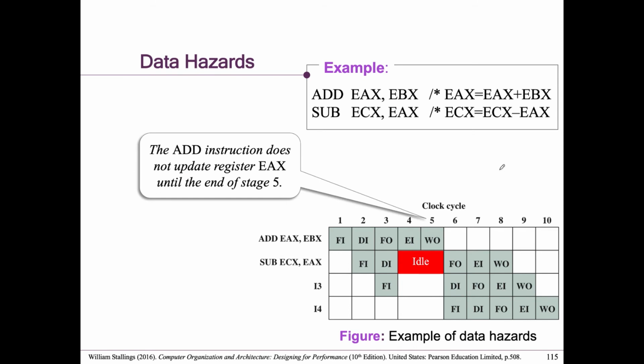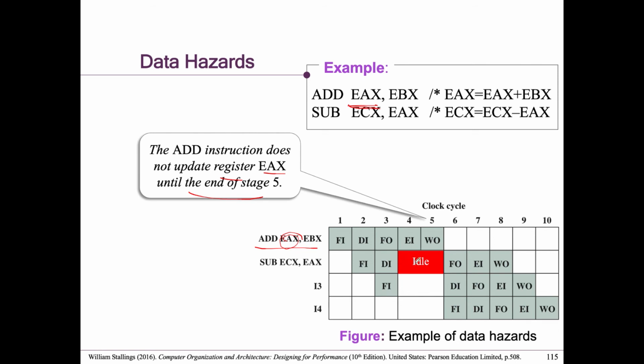Let's take a look at what actually happened. The ADD instruction does not update register EAX until the end of stage 5. After your stage 5 is finished, then you can update your EAX. That's why you need to wait first for the execution of the second instruction.